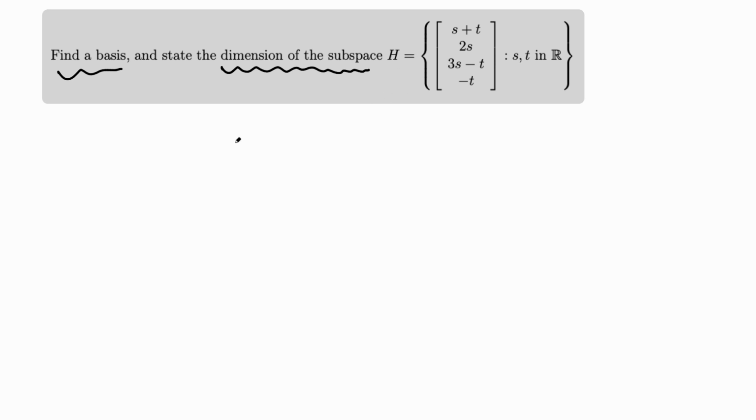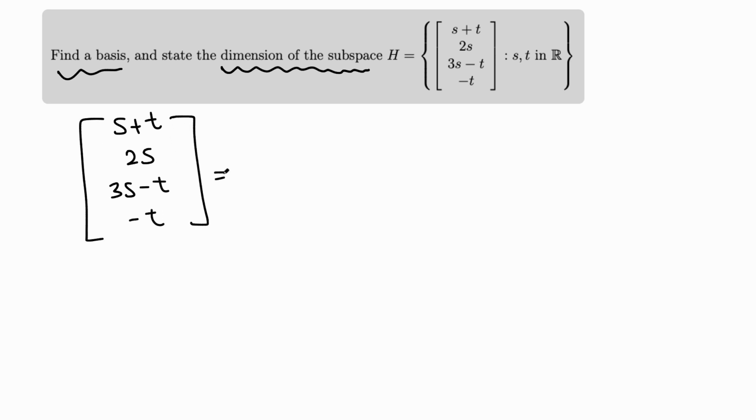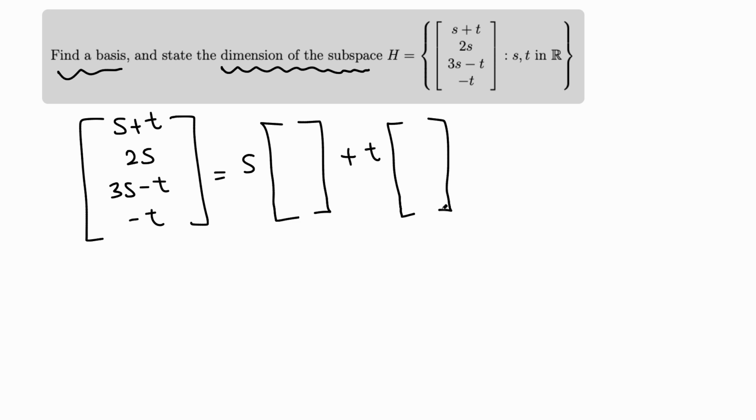Okay, so this H, this subspace, is a collection of all vectors in this form, and we can write this vector as s and t. So there are two variables, so s times something plus t times something, because we got two variables.